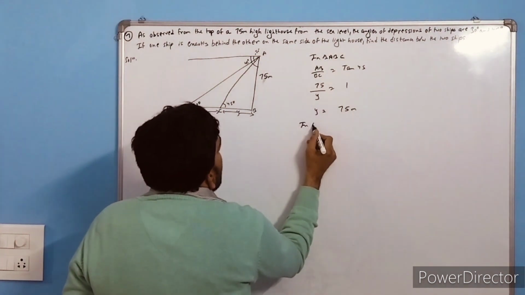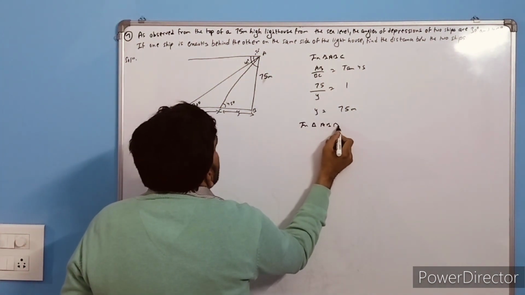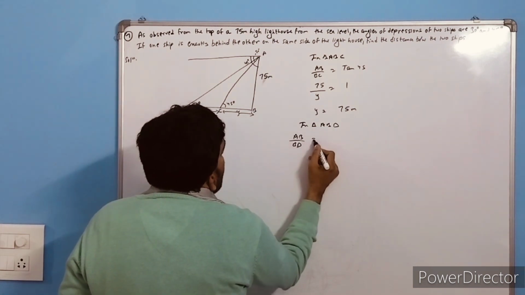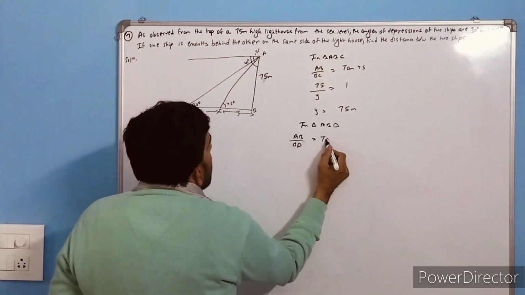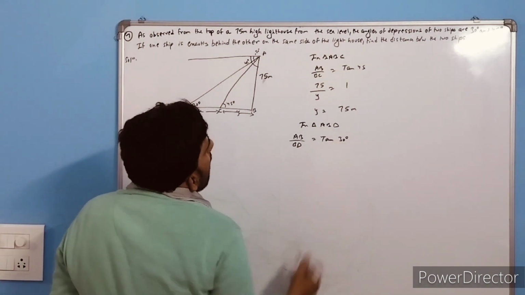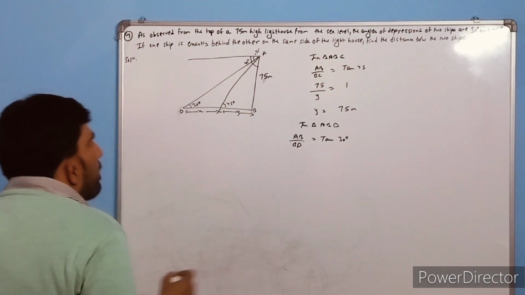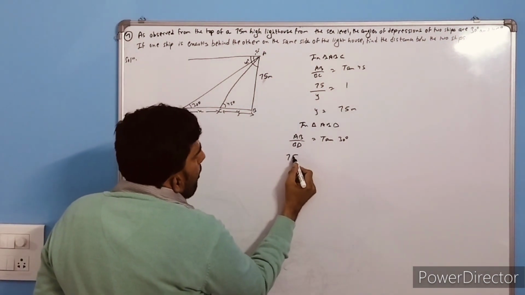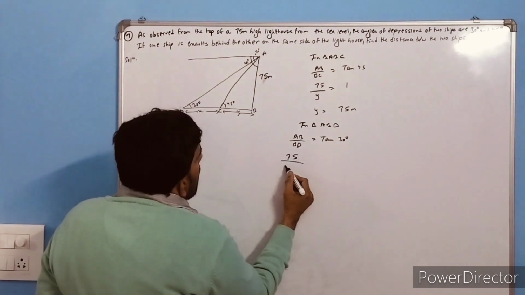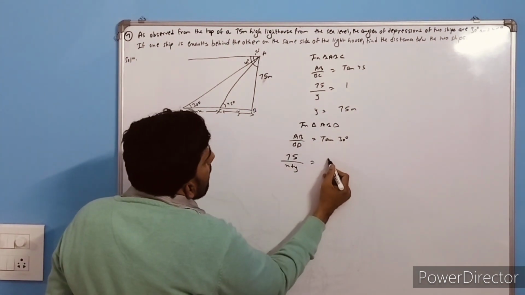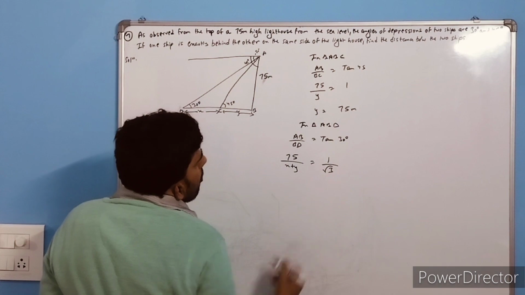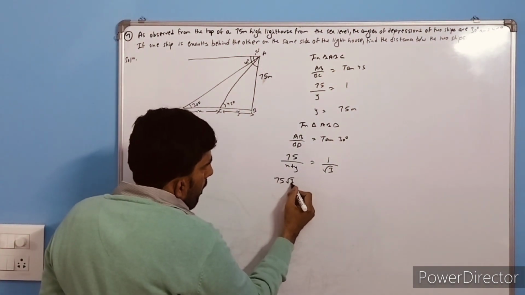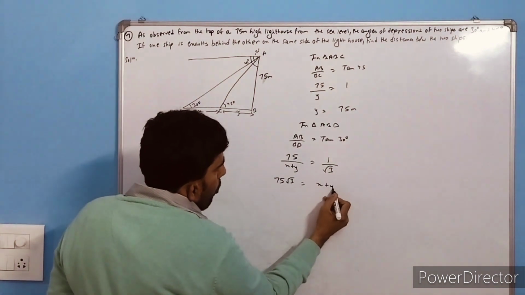So now in triangle ABD, AB upon BD, that is tan 30 degrees. We all know tan, the ratio of P upon B, that is what we are applying here. So now AB is 75 and BD is what? x plus y is equal to, tan 30 is 1 upon root 3. So what we will do? 75 into root 3 is equal to x plus y.